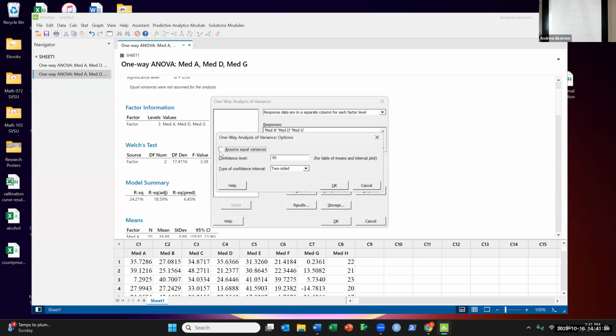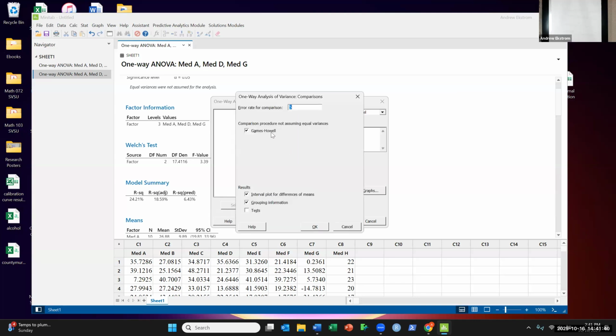Initially, that was clicked, at least on my side. I just clicked on there to make it go away. And then for comparisons, before we had Fisher, Tukey, Sue, and Dunnett. This time we only have one comparison.